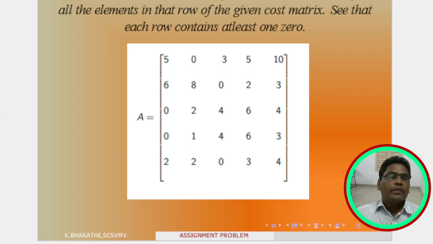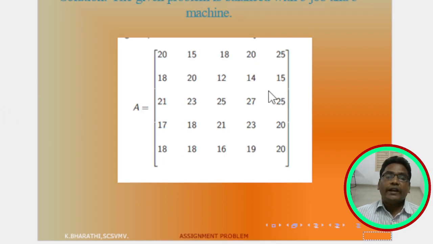Now, from the given cost matrix, in the first row the smallest cost is 15. This 15 is subtracted from all elements in this row only, not for all the rows.